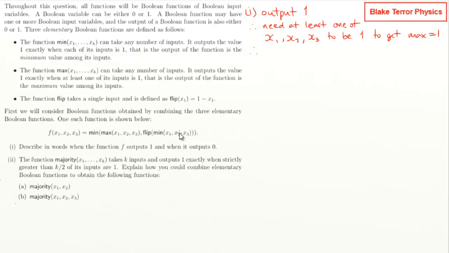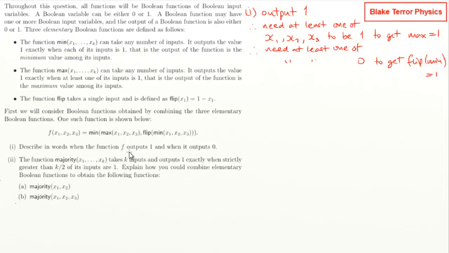So we need min to be 0 to flip it to 1. So we need at least one of these same ones to be 0 to get the other one, this flip min, to be equal to 1. That means we have to have a mix of zeros and ones.